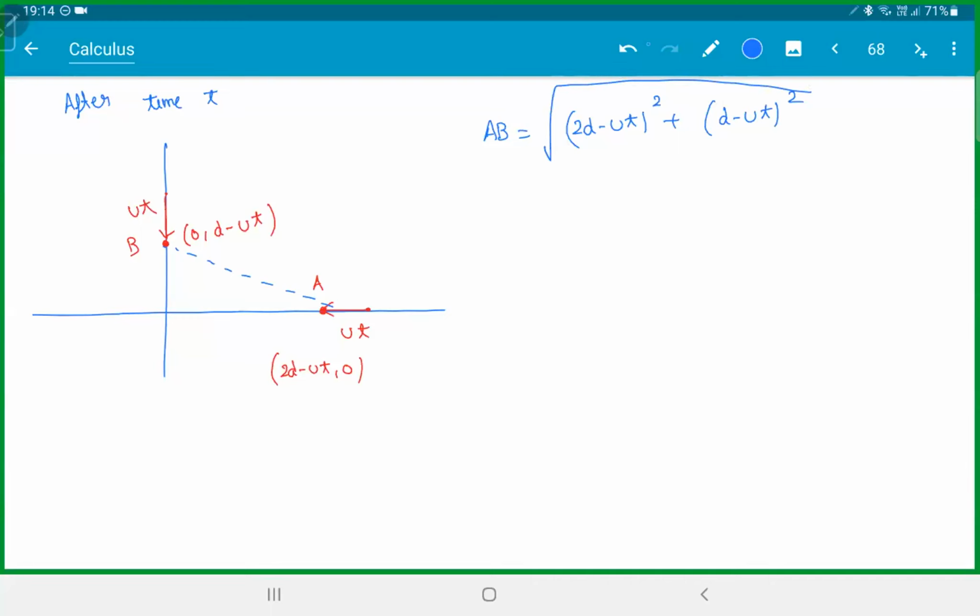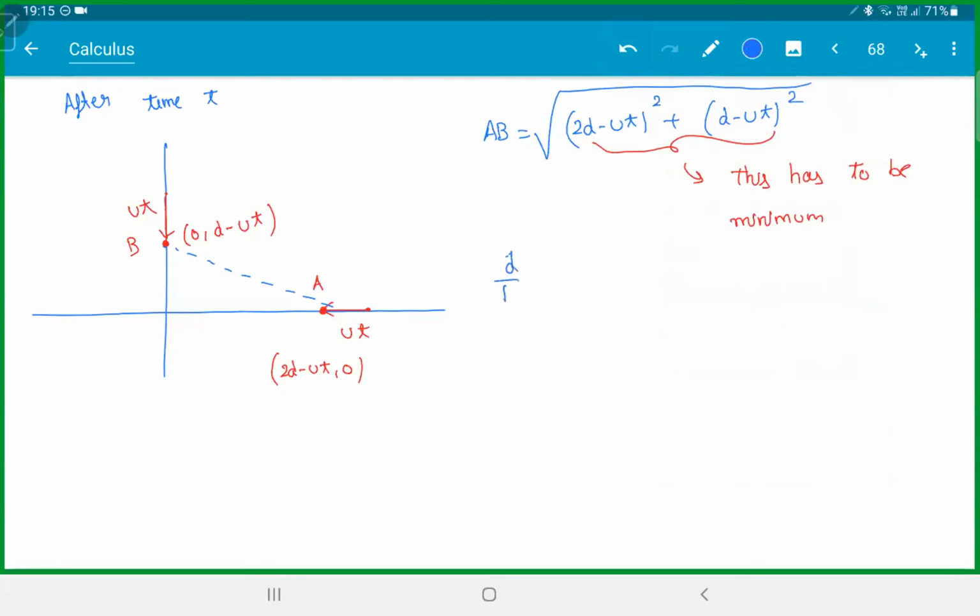So for minimum distance, we need not differentiate the whole thing. This has to be minimized. If you want minimum distance, then that function itself should be minimum, right? So just differentiate that function.